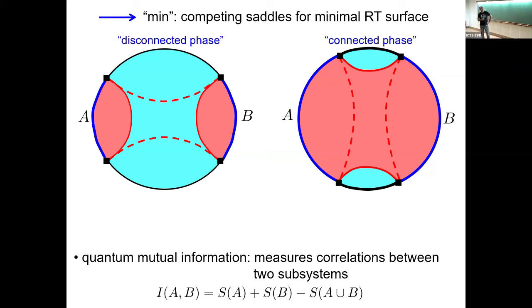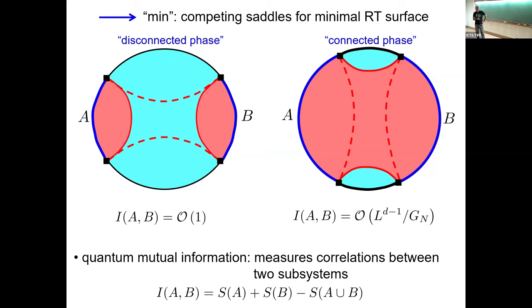Now, a measure that distinguishes these two is the mutual information, which gives us a measure of the correlations between these two regions, and it's given by this formula here. I'm evaluating the entanglement entropy of A and B, and then subtracting the entanglement entropy of the union. If I evaluate that formula in the first case, I'm just going to get 0 according to the formula I've given you.